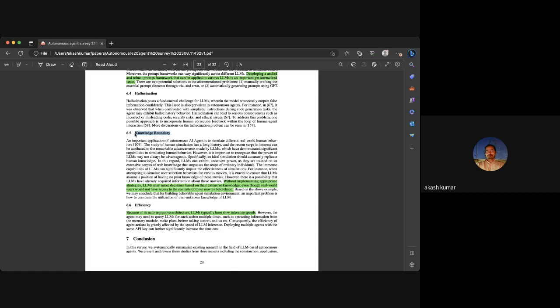So let's say they're trying to imitate a normal person, that normal person does not have that much access to knowledge, like how much a big model like GPT-4 has in its own weights.